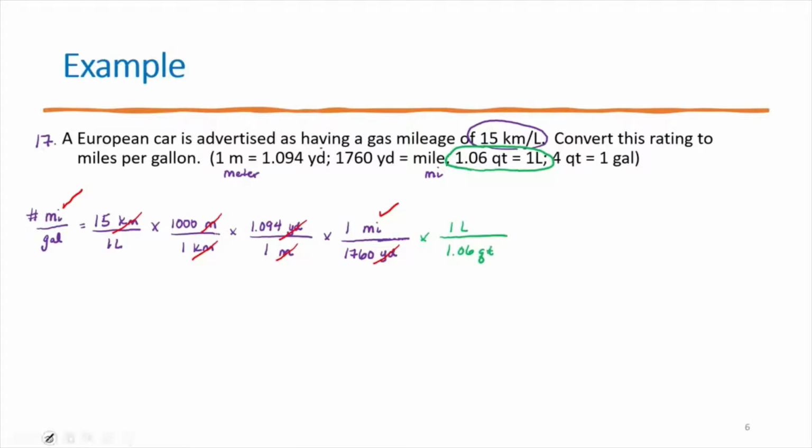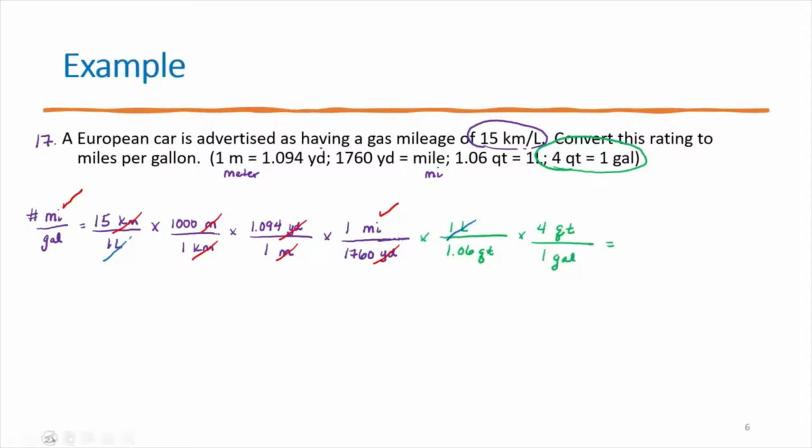Why am I doing it that direction? Because I need to cancel out my liters, and my liters are currently in my denominator. Now I'm in miles per quart. I want miles per gallon though, and I've got a conversion for quarts to gallons. Times 4 quarts to 1 gallon.